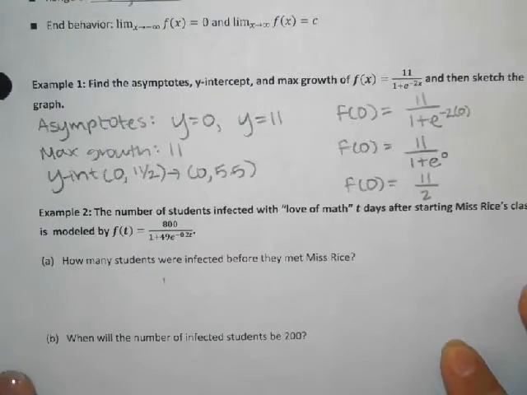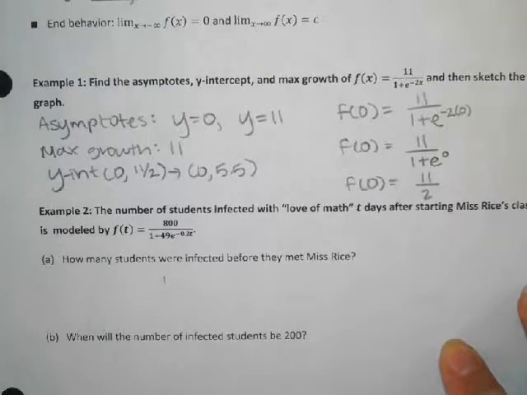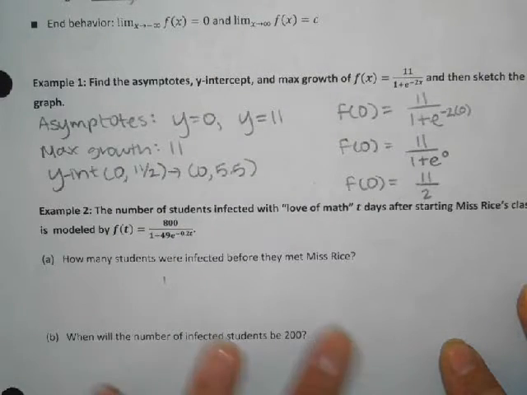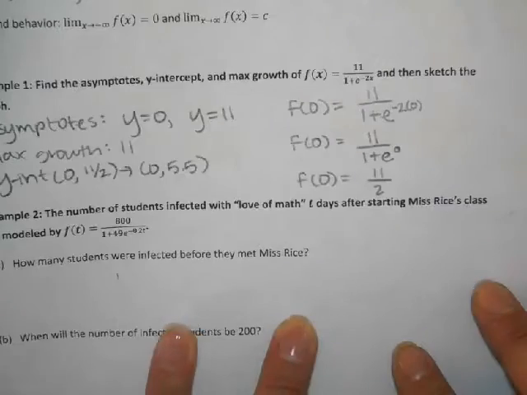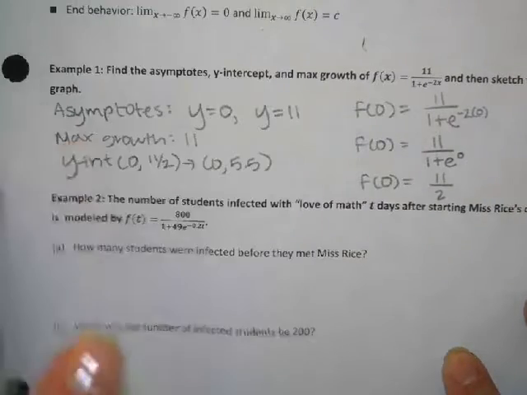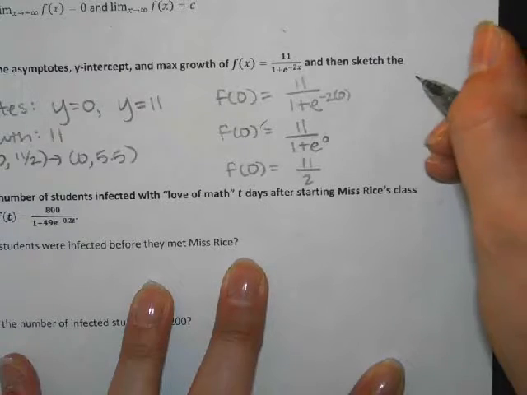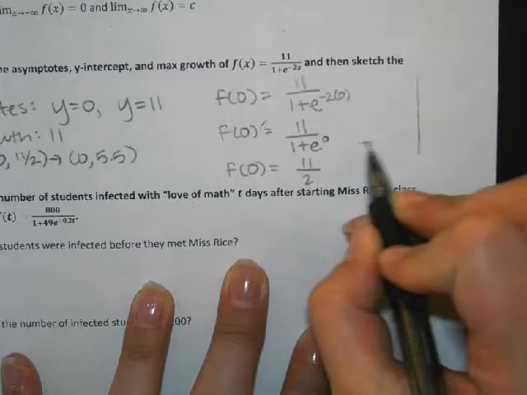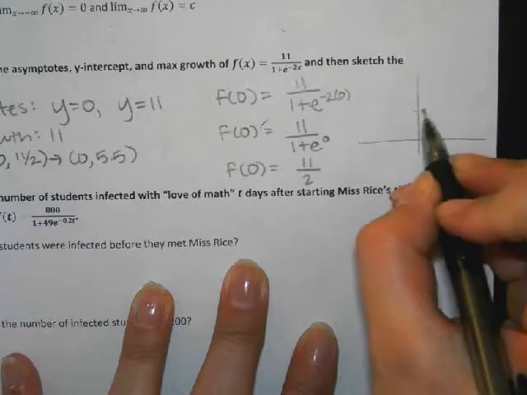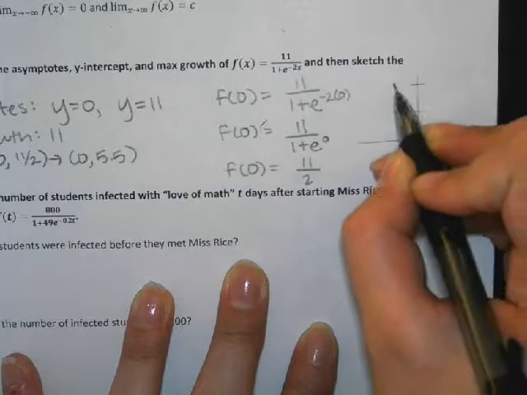Okay. So you need a calculator to find that information. It's relatively easy to see what those different pieces are. And then we're going to go ahead and sketch this again without a calculator. So I'm going to draw something like this. I'm going to say this is 5, this is 10.